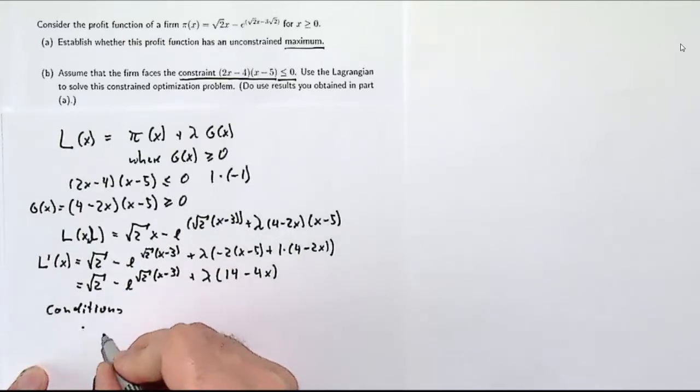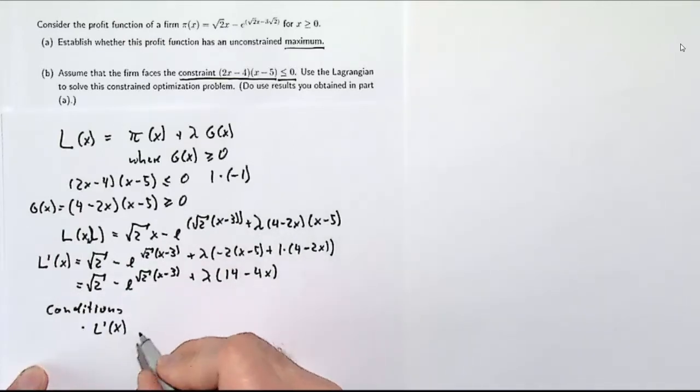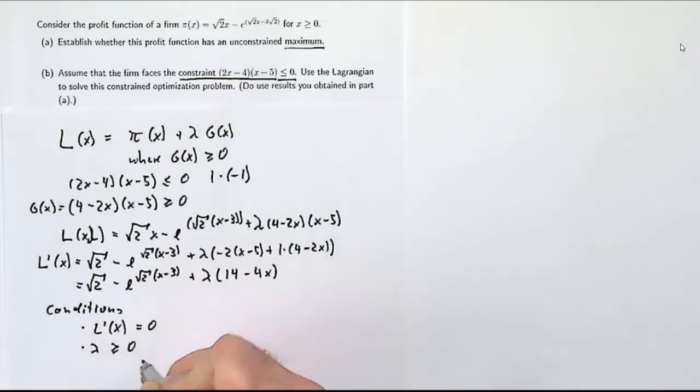So the conditions, if we apply the Lagrangian techniques, that need to be given for us to find the maximum are that L prime x is equal to 0 and that lambda is larger or equal to 0.